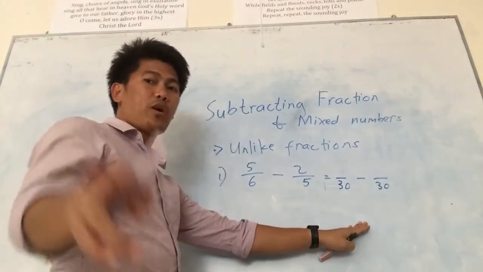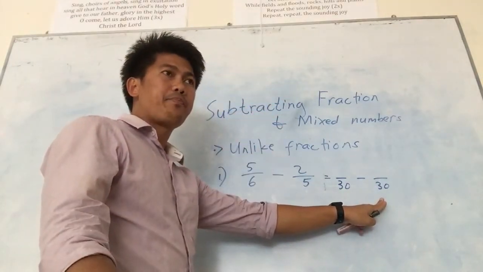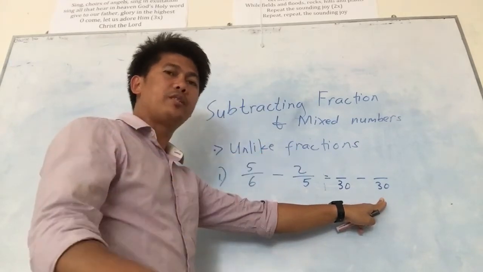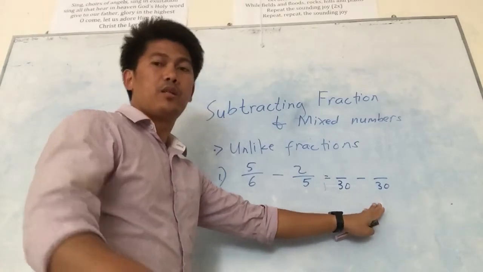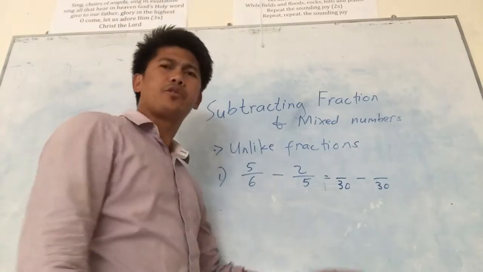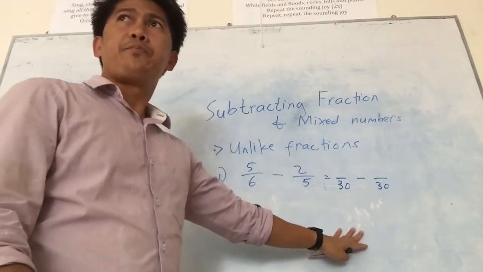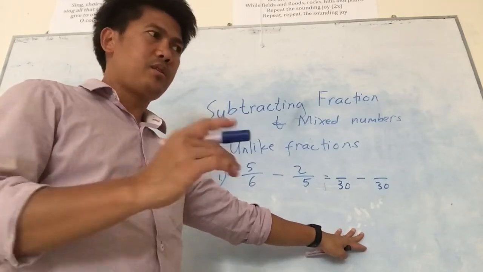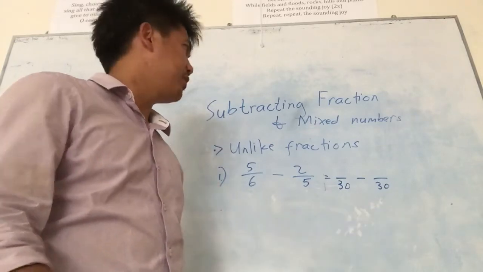If you have a question how to get the 30, go back to another episode of this video. No, sorry, not simplifying fraction, but finding the LCD. Okay, I think it's also in the other video.